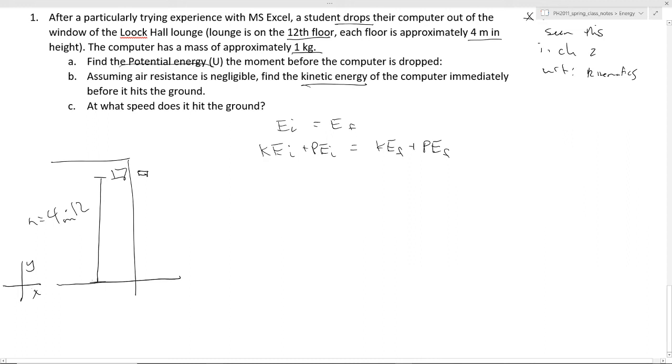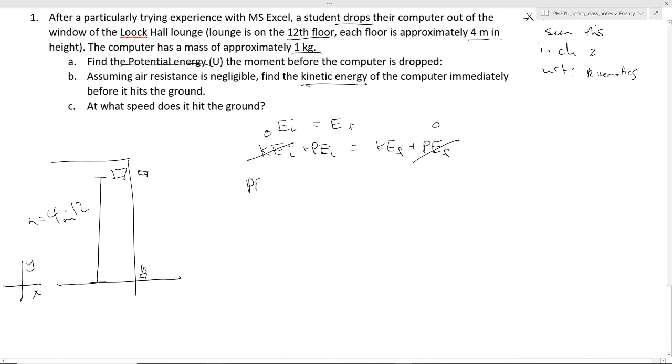If we're dropping it, there's no initial velocity, so that object will not have any initial kinetic energy. And then right before it gets to the ground, it's going to be moving, but it's going to have no height anymore. And so that means it would have no potential energy.